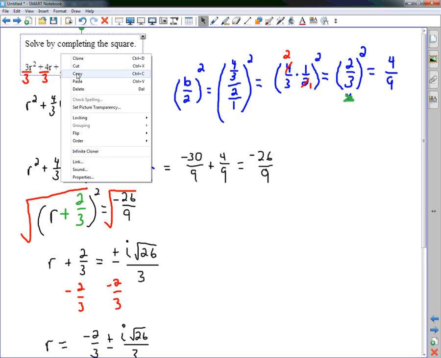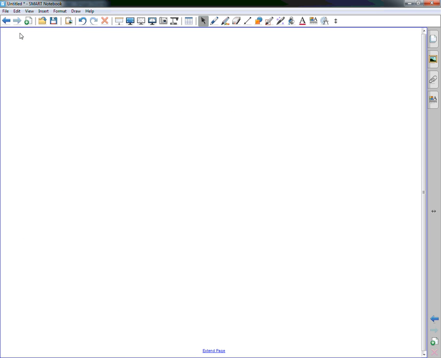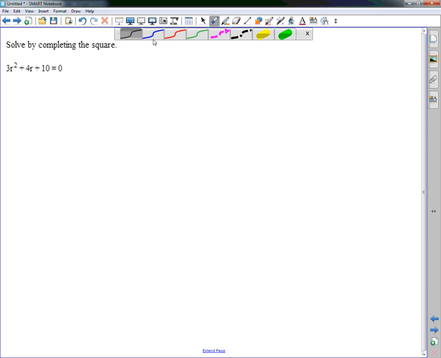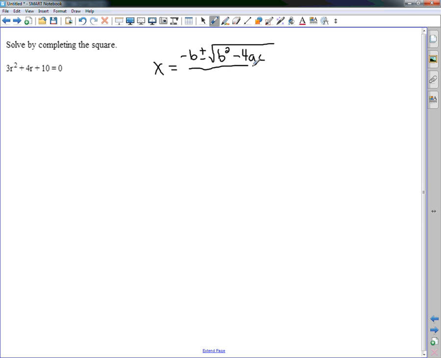I'm just going to copy this, take it to a new page. Okay, so let's write out the quadratic formula. So we have x equals negative b plus or minus square root of b squared minus 4ac over 2 times a.